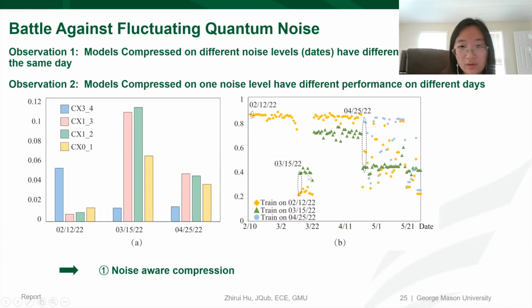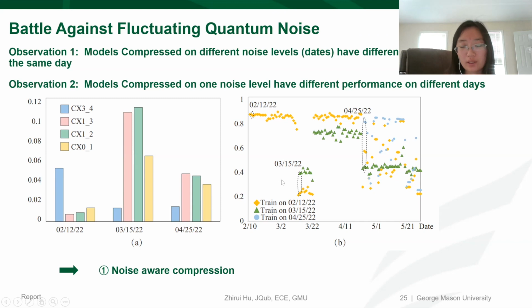We can also see the model trained on the high-level noise. For the model on the high-level noise, the training accuracy is higher than when we train on the low-noise days.